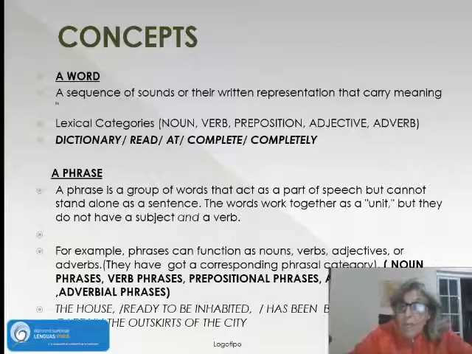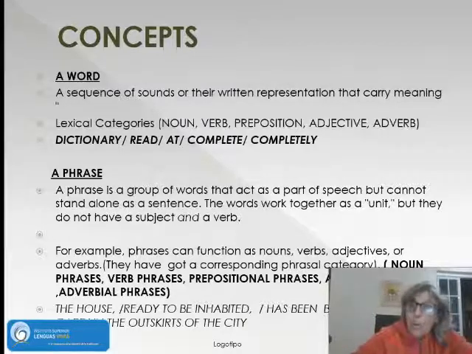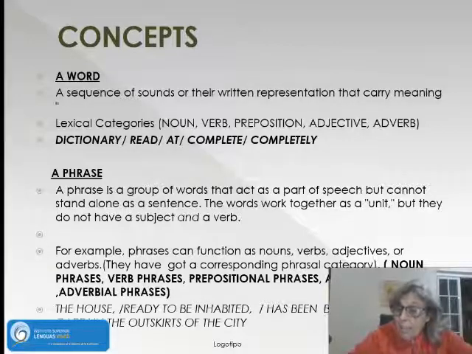Dictionary is a noun, read is a verb, at is a preposition, complete is an adjective, and completely is the adverb.